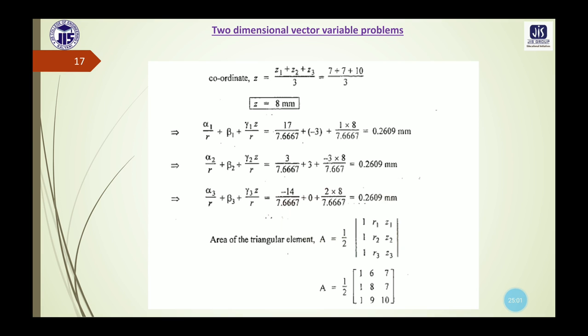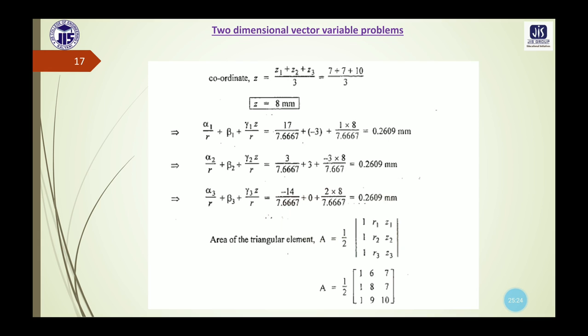So all these values we need to put in the strain displacement matrix, that is B matrix. Now in the formula of the B matrix there is the area of the triangular element, so we need to use the formula to calculate the area of the triangular element, which is half multiplied by a 3 by 3 matrix.